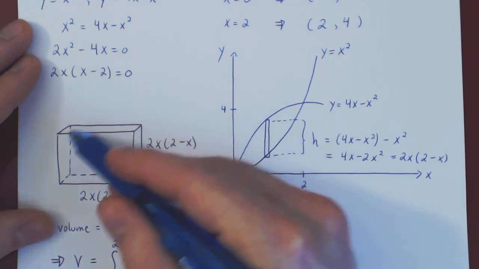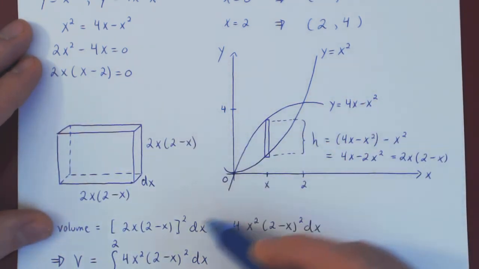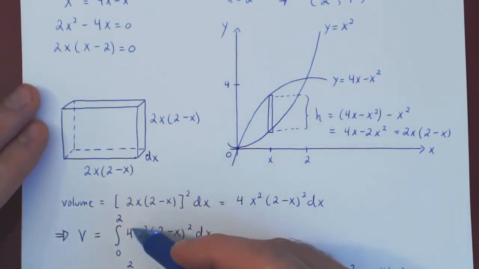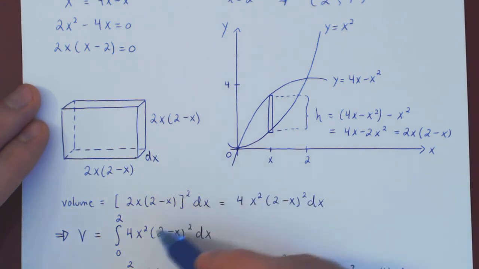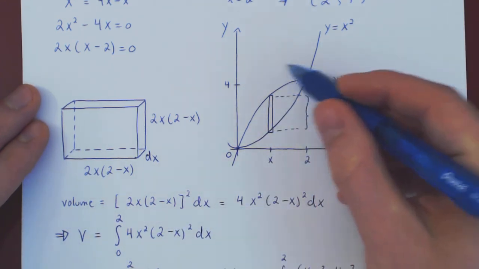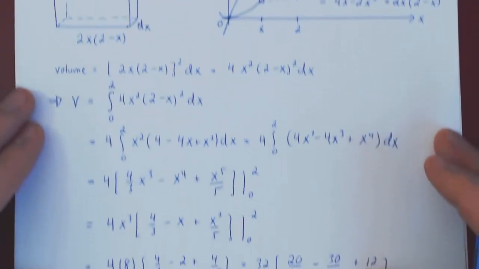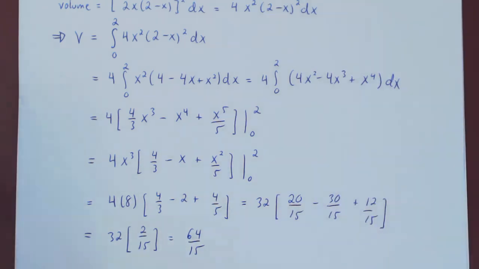We found the volume of an infinitesimal square, an infinitesimal cross-section of our solid, and by summing up over the entire region the volume of every infinitesimal cross-section, we obtain the total volume of our solid, which is again 64 over 15 units cubed. And that's it.